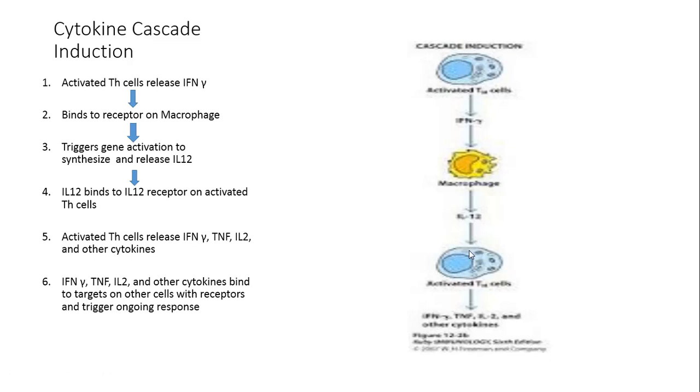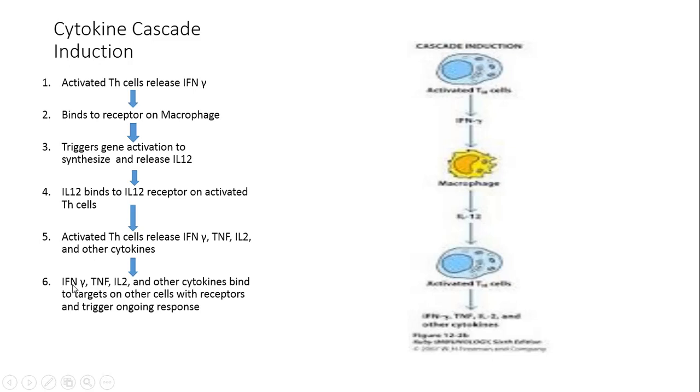So interleukin 12 binds to a receptor on another activated T helper cell. And now that the interleukin 12 has bound to the activated T helper cell, these T helper cells then can release a number of different cytokines. We had a couple of examples of gamma interferon, tumor necrosis factor, and interleukin 2 being released from the T helper cell as a result of starting this cascade induction way back here.